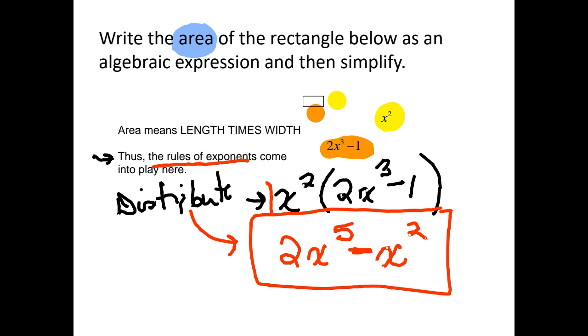This 2 and this 3 are giving me the 5. I'm adding the exponents. Okay.